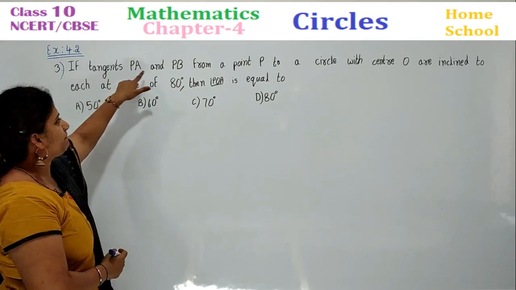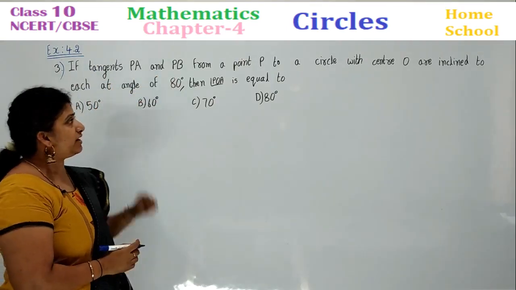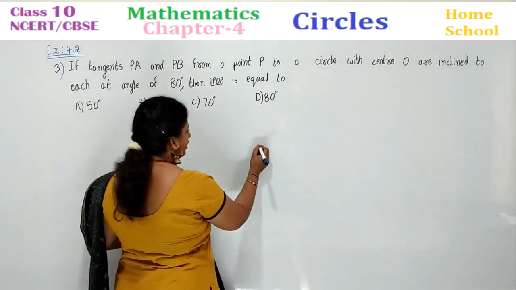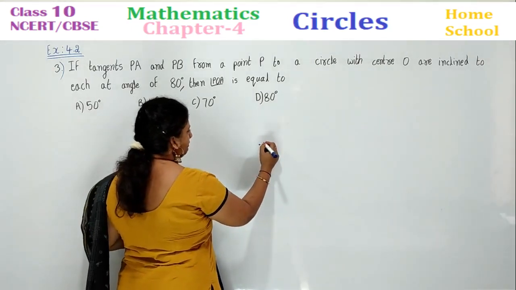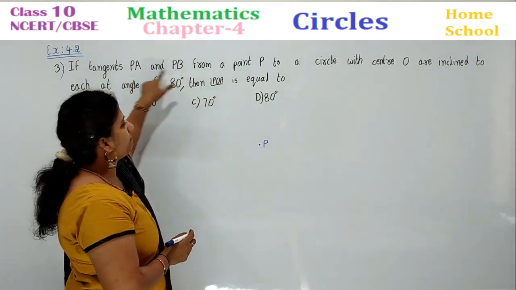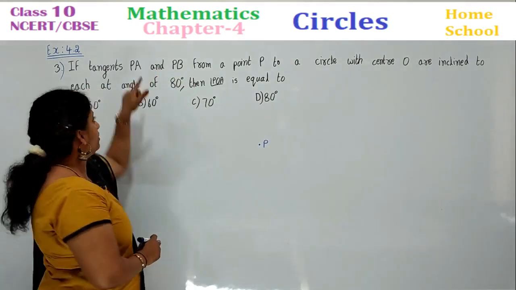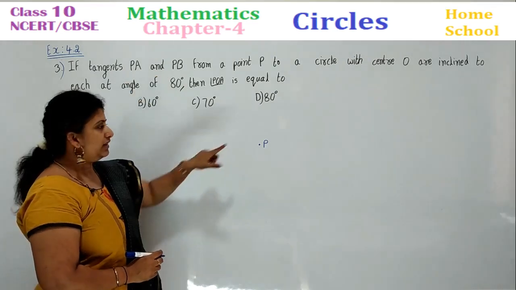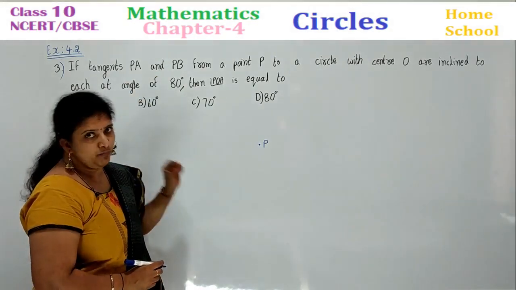If tangents PA and PB from a point P to a circle. So, let us mark a point here. Let's mark a point P. Tangents PA and PB. You can observe here also, PA, PB. What is a common letter? You can see P. Then P is an external point.